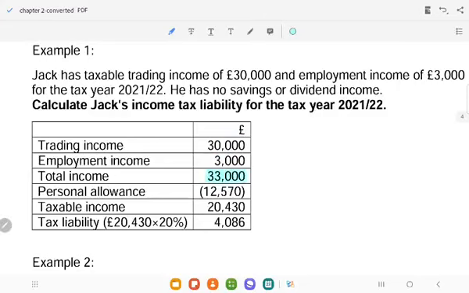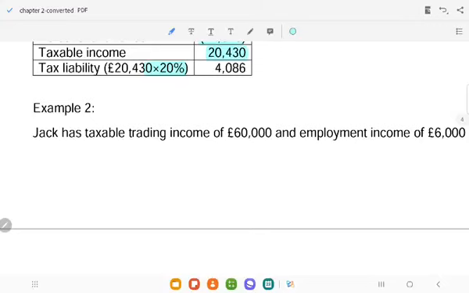And remember that if adjusted net income is up to 1 lakh, there is no need to adjust the personal allowance. So the full personal allowance is available, and after the deduction of personal allowance, you will get the taxable income of 20,430. As this income lies in the basic rate band, you have to calculate tax on this at the rate of 20%.